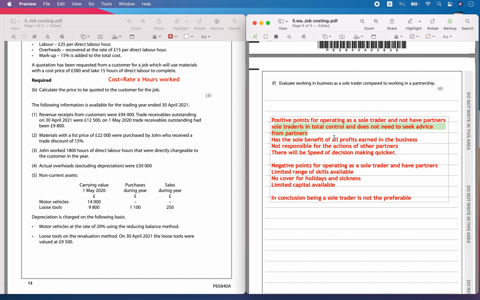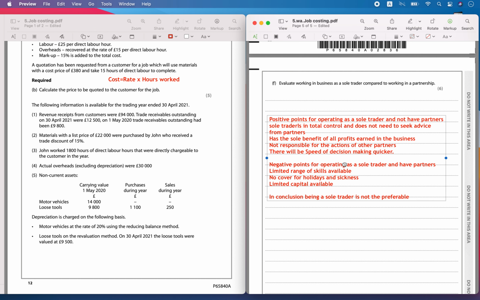There are no partners, so he is in total control. He will get all the profits, and he will not be responsible for the actions of partners in the business. This could lead to business decisions being made much quicker. Like he can give discounts, he can do a promotion and all that, without asking anybody, because there is no partnership and he is in total control. These are the benefits of being a sole trader and not having a partner.